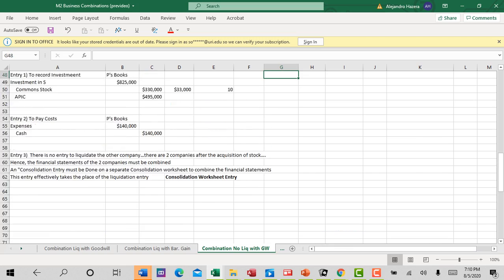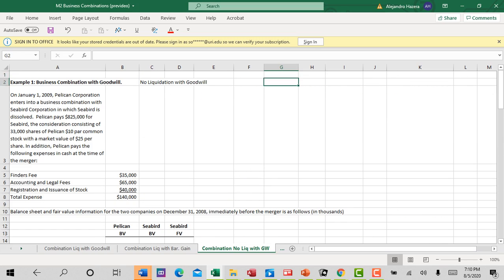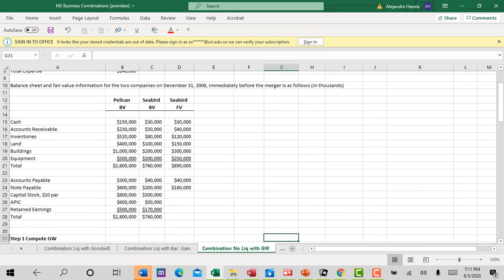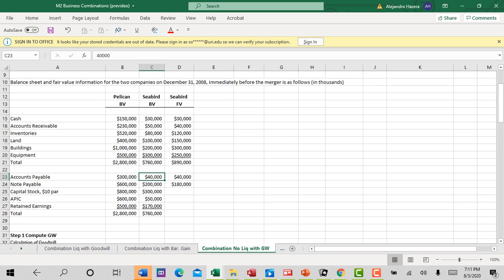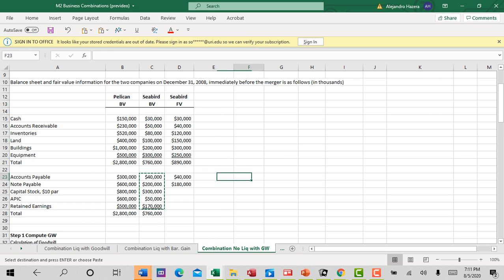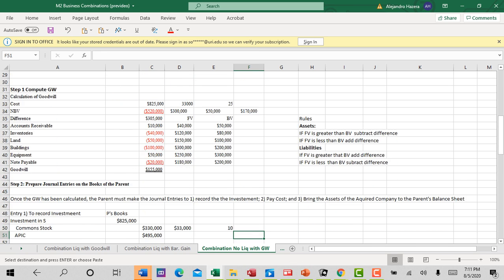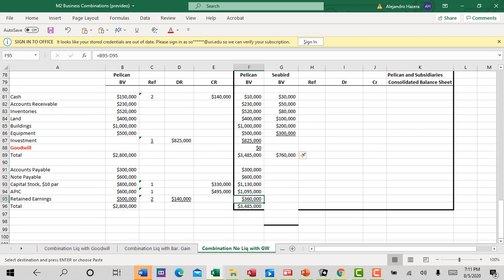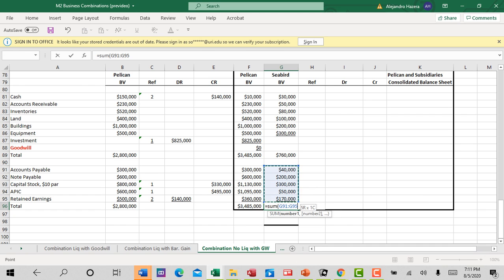Okay, let's do the other side of the balance sheet. The other side of the balance sheet are these accounts here. And we're going to copy those all the way here, and make sure I have everything correct. 760 looks good.